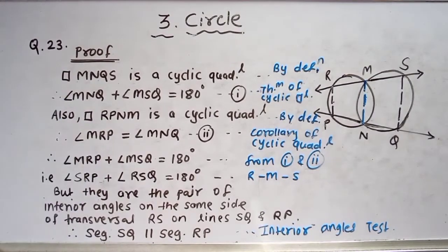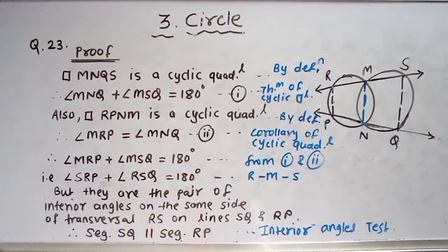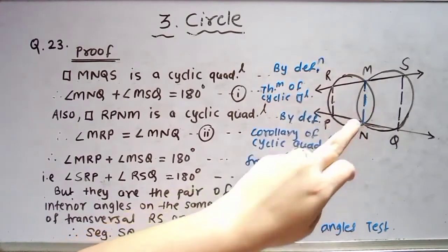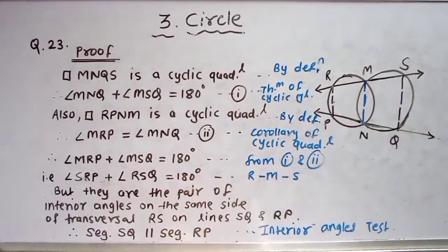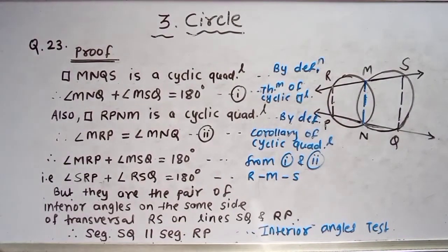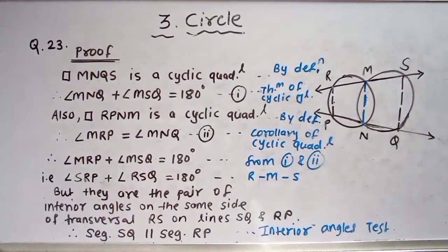Now let's see the proof. What we have to write in this proof? See, there are two quadrilaterals formed by joining this segment MN, yes or no? And these two quadrilaterals are cyclic. Why? Because all its vertices are on the circle, yes or no?